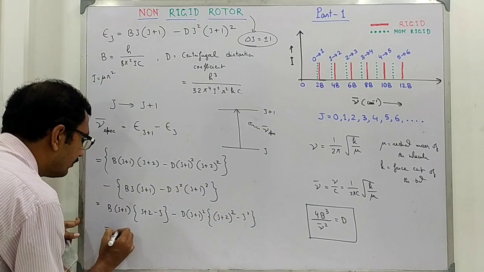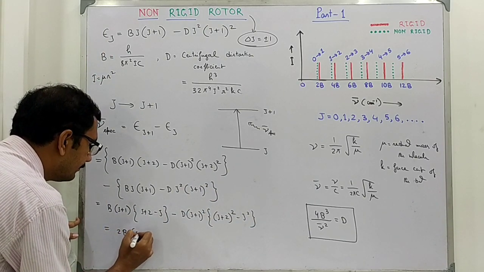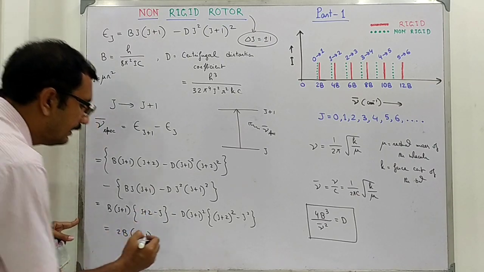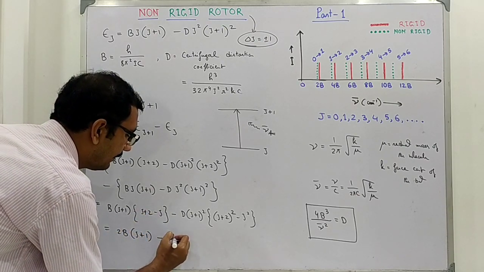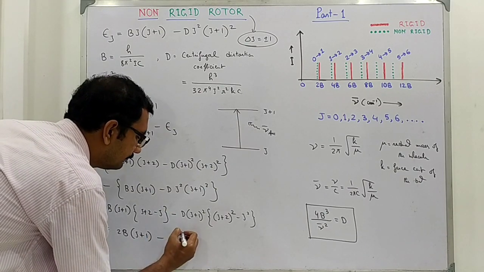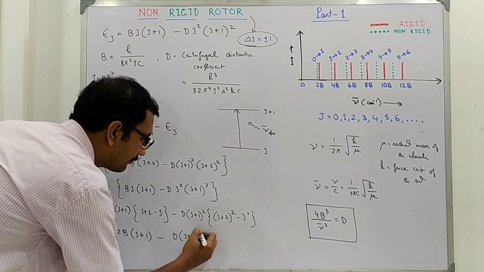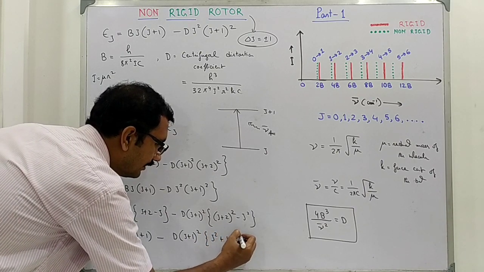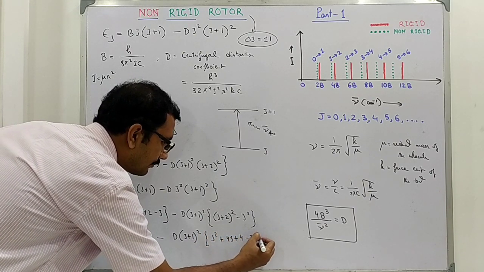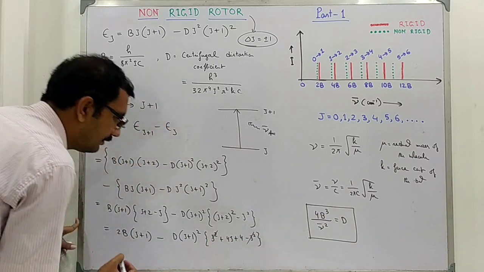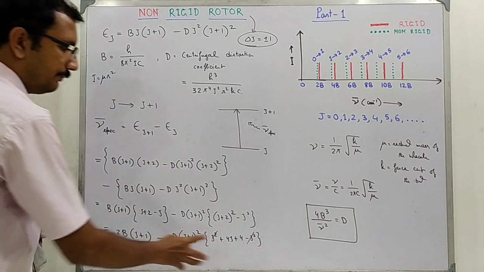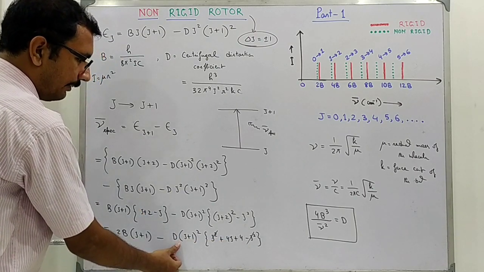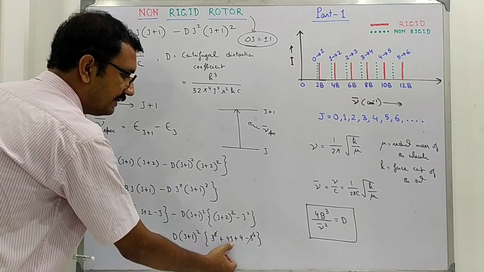Now, this will be 2B into J plus 1, as the J will cancel out. And here it will be D into J plus 1 whole square into J square plus 4J plus 4 minus J square. J square will cancel out. So, it will be 4J plus 4, we will take 4 common, and in the parenthesis it will be J plus 1.